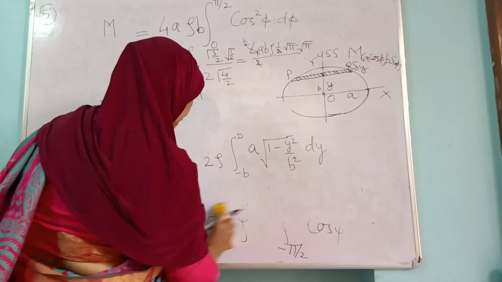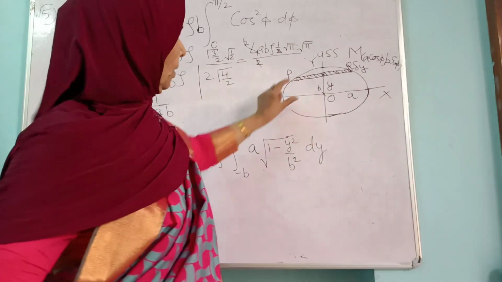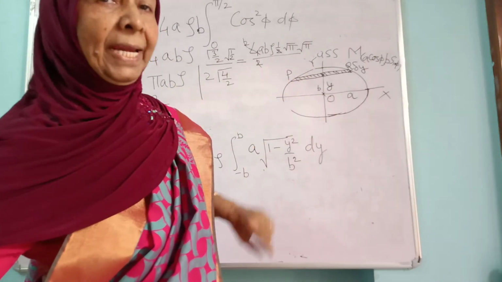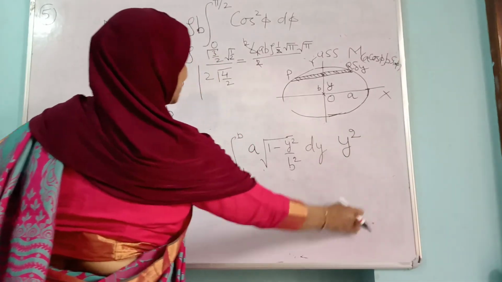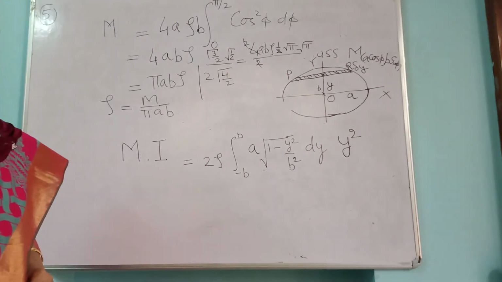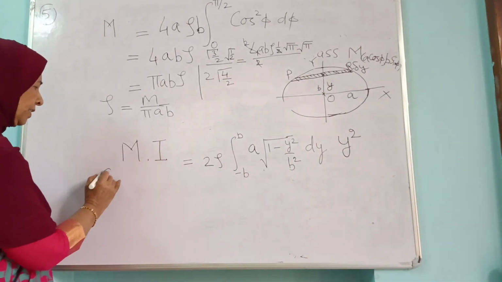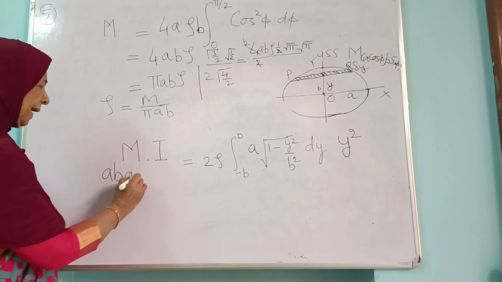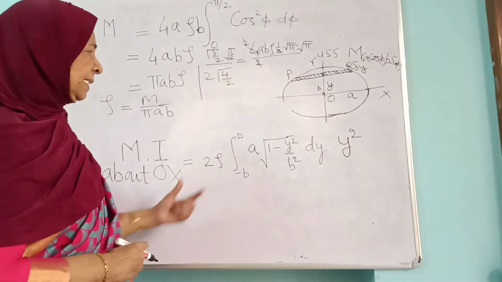We are taking the moment of inertia about OX. So the perpendicular distance is nothing but y. So it will be y square. Now the same thing, moment of inertia about OX. It will be like this.